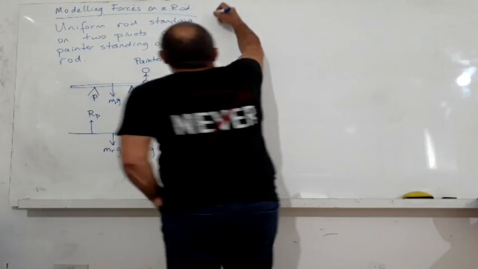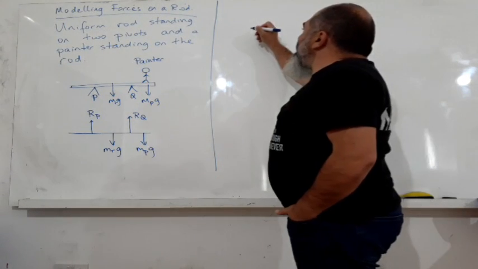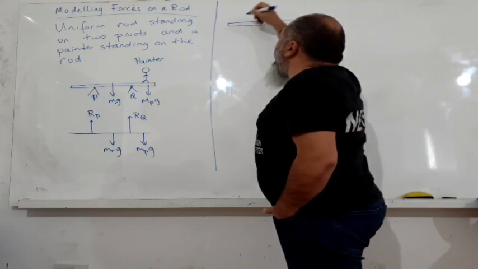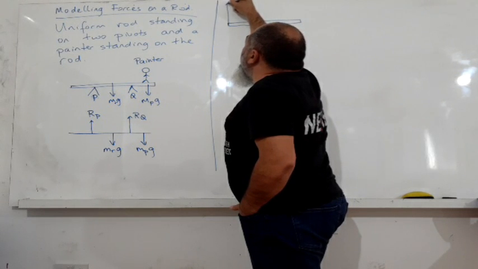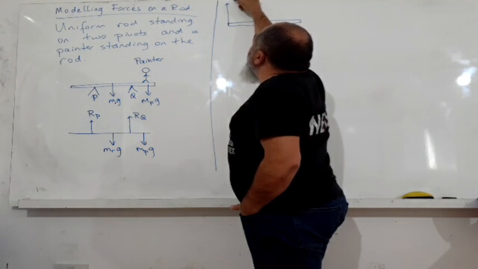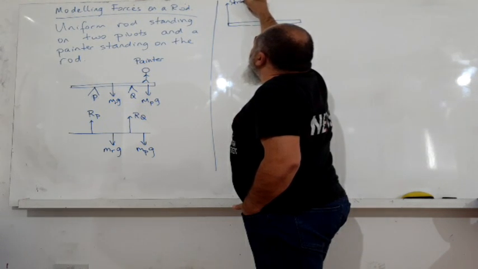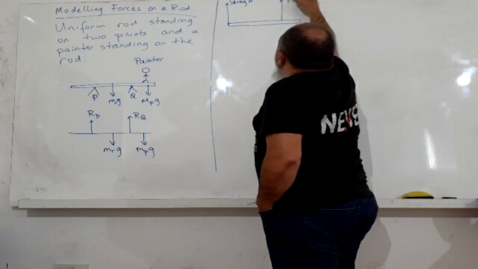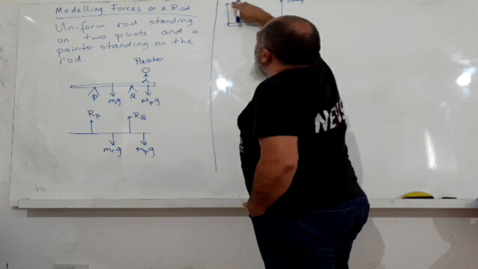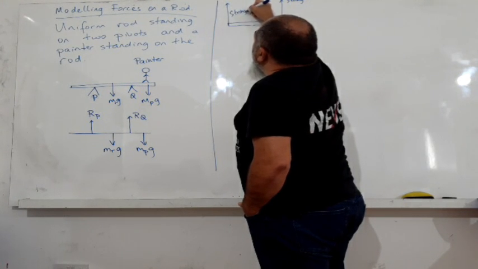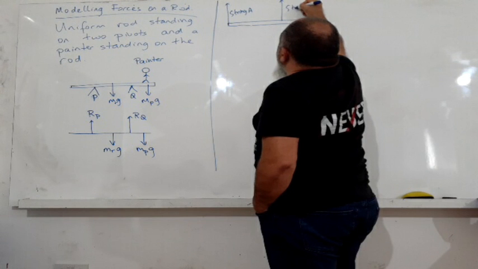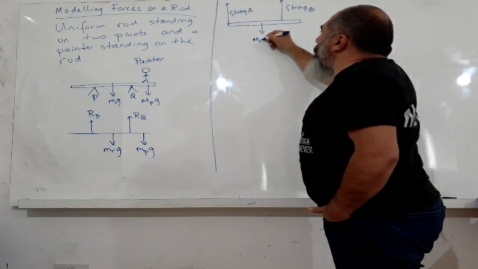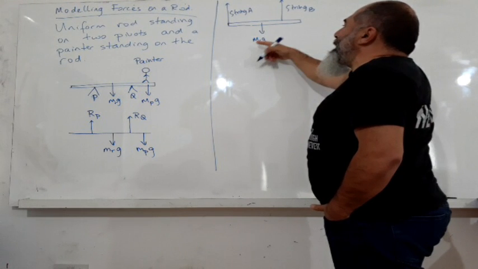Say that we have another rod here and two strings hold the rod, and again mass of rod times g gives the weight, and again let's have the painter here.